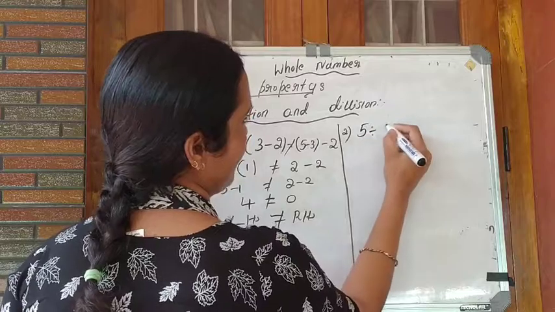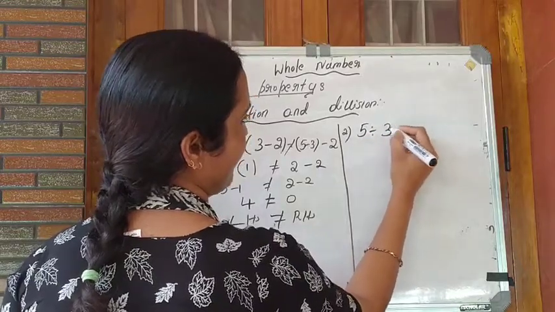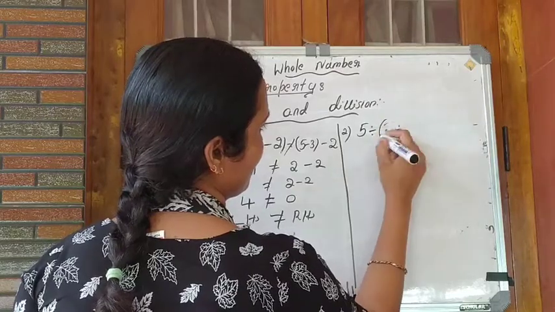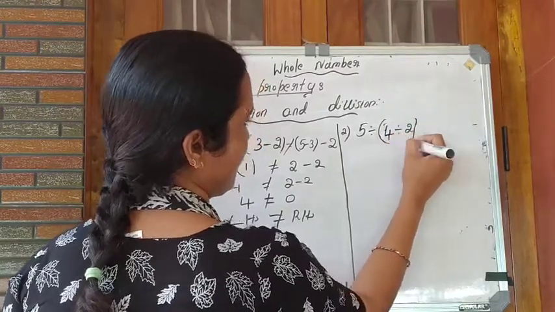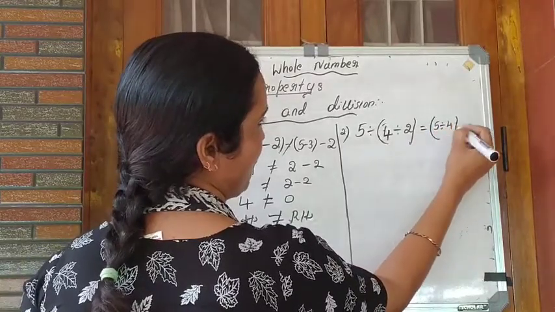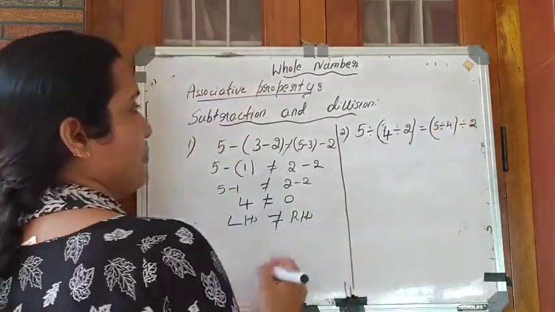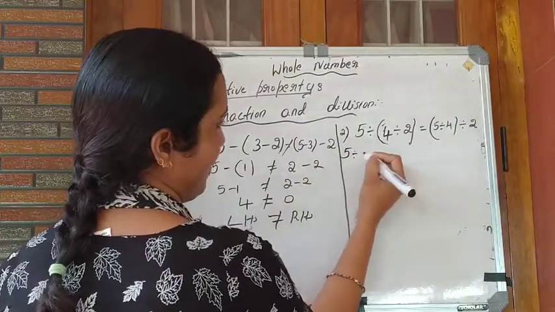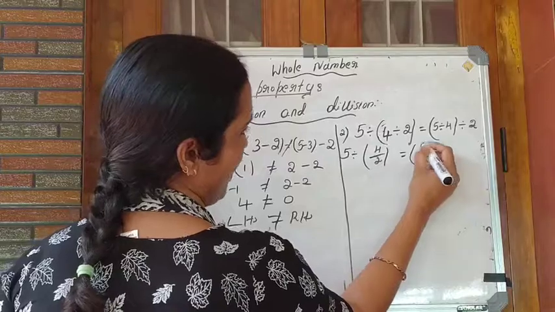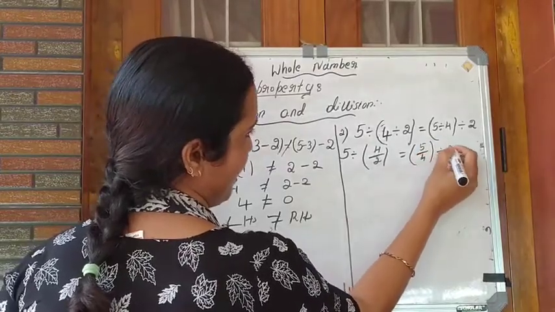5 divide 3 divide 4 divide 2, that is equal to 5 divide 4 divide by 2. So 5 divided by 4 by 2, that is equal to 5 by 4 divided by 2.